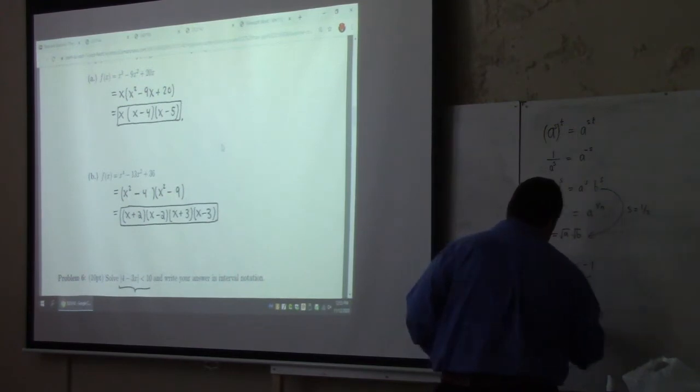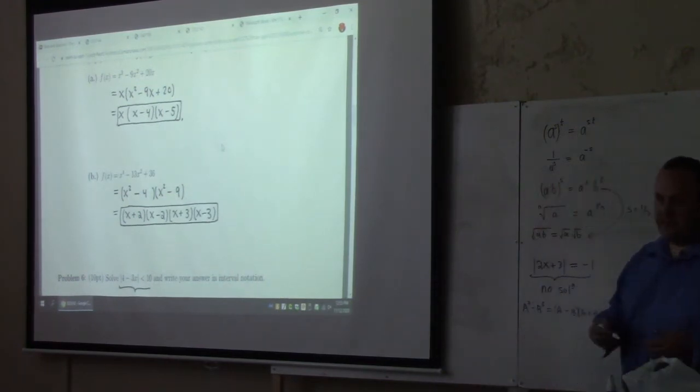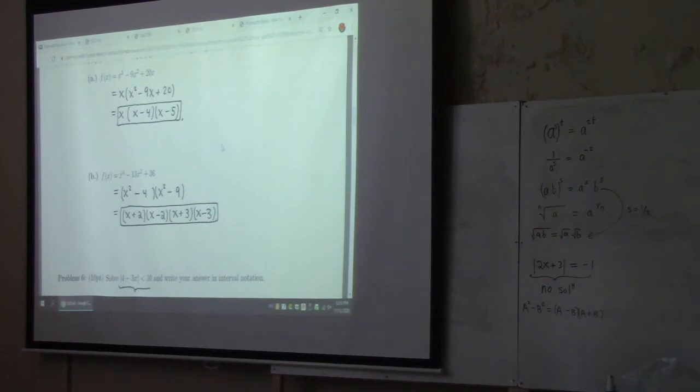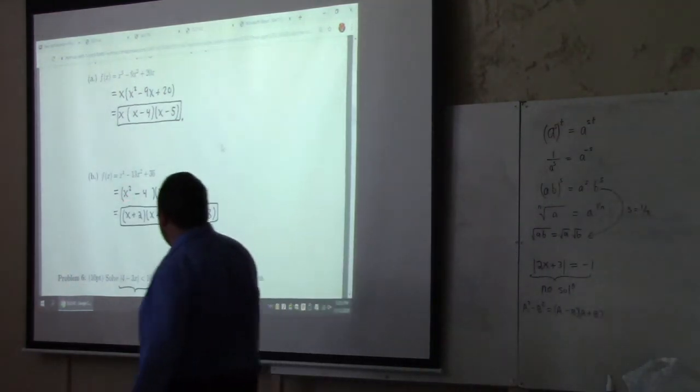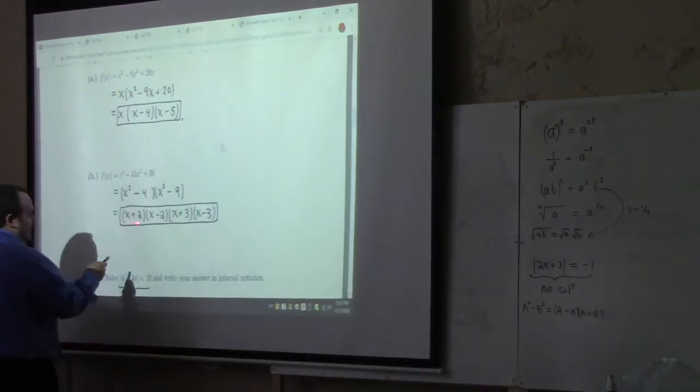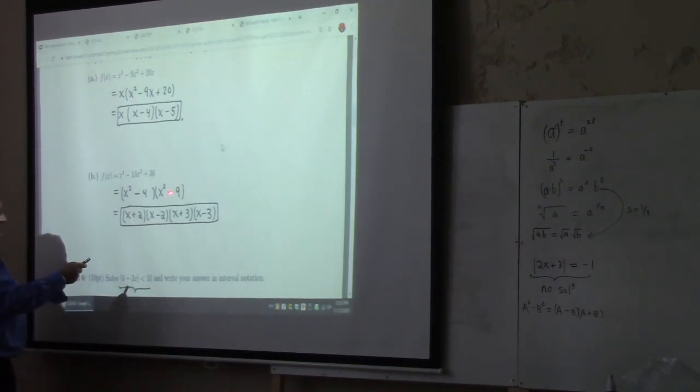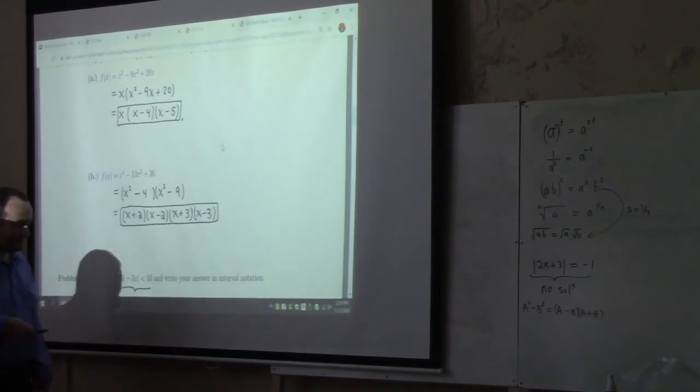That's the pattern. So anytime we've got a difference of squares, we know how to factor it. And that's the principle I'm using in my factoring here and here, right? 4 is 2 squared, so I've got x plus 2, x minus 2. 9 is 3 squared, so I've got x plus 3, x minus 3, like that.